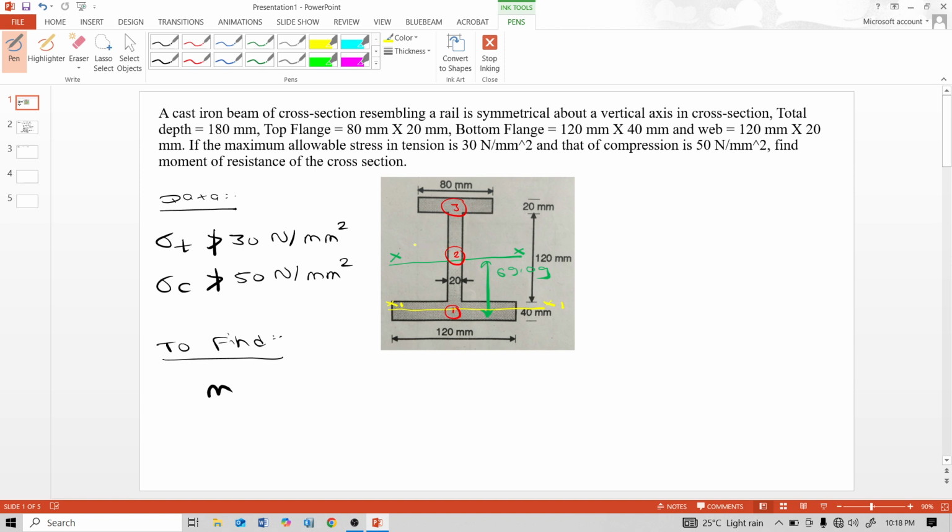Next we calculate the moment of inertia for the web part, x2 x2, and last x3 x3. The web's own neutral axis is at 100 mm, which is above the T section neutral axis.